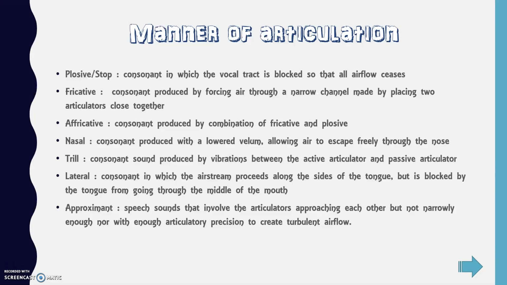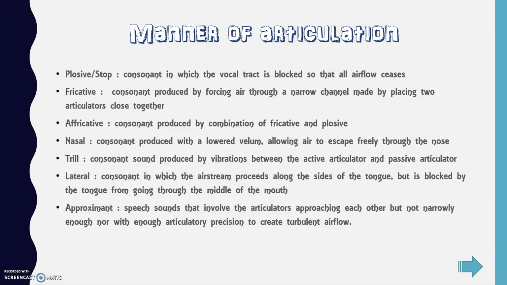Okay, next is trill. Trill is a consonant sound produced by vibration between the active articulator and the passive articulator. The example is R. Next is lateral. Lateral is a consonant in which the airstream proceeds along the side of the tongue but is blocked by the tongue from going through the middle of the mouth.